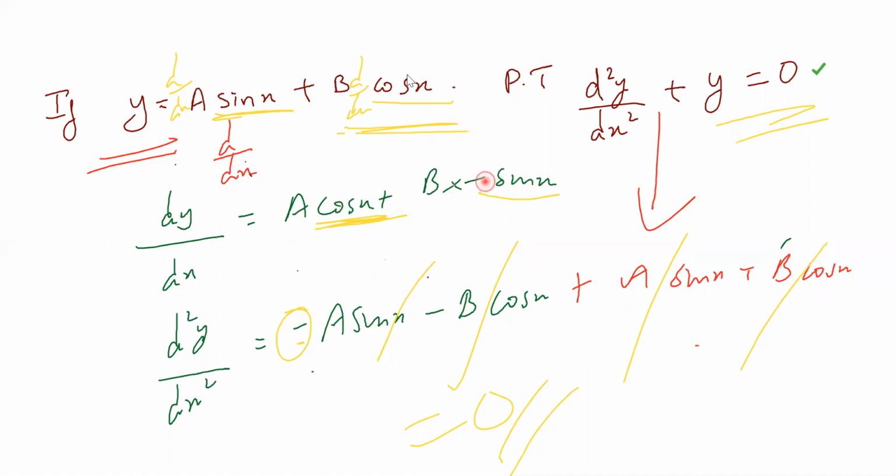Sin x differentiation is cos x, this minus sign I put here. Then I brought down this value here. This is my d square y by dx square. Again, I'm lazy enough to write, so I just put the y value, which is the question itself, a sin x and b cos x. Here it is minus a sin x, here it is plus a sin x, cancelled. Minus b cos x, here it is plus b cos x, cancelled. That's all. Dummy question, as far as I'm concerned.